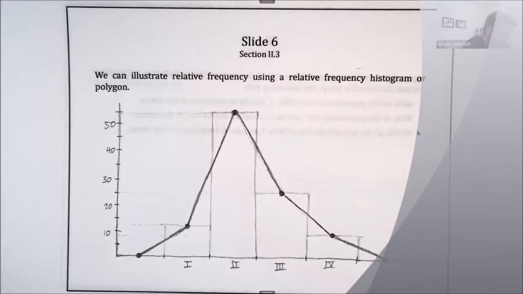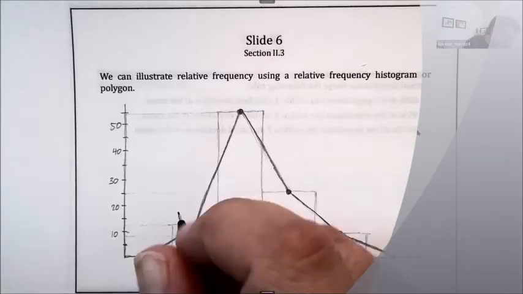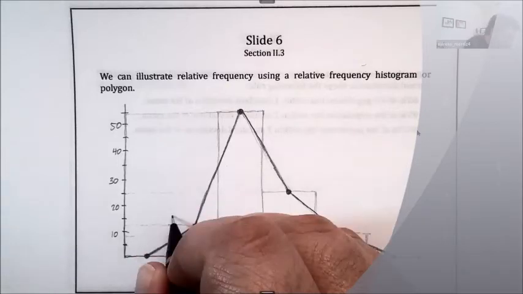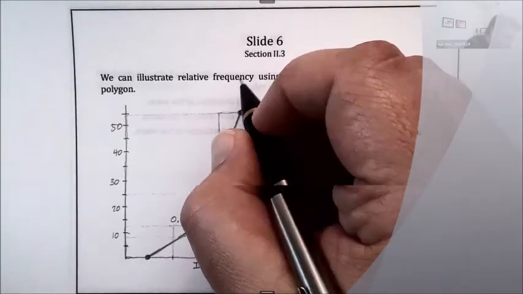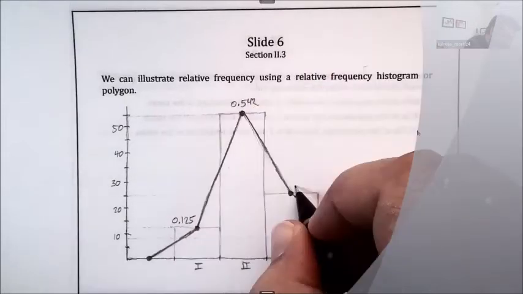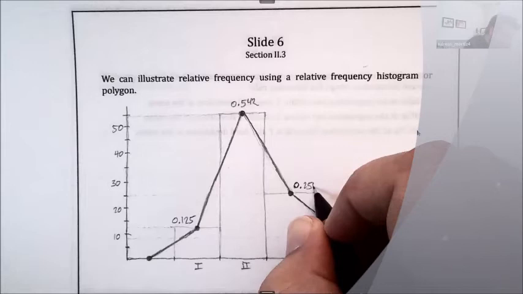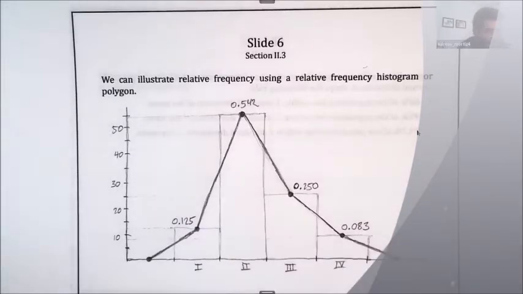And let's label the values here. Let's see, we have 0.125, 0.542, 0.250, and 0.083. So again, this is a relative frequency histogram.